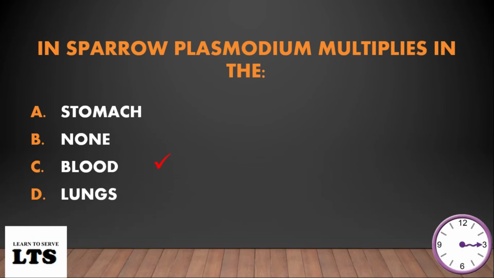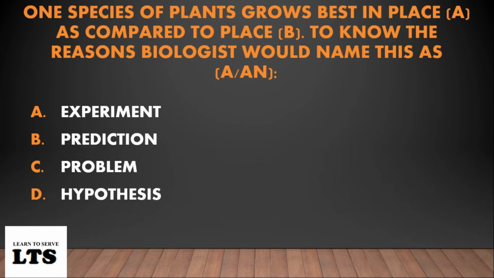Option C, blood. Next one, species of plant grow best in place A as compared to place B. To know the reason, biologists would name this as option A experiment, option B prediction, option C problem, option D hypothesis.